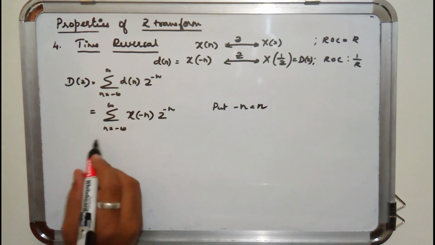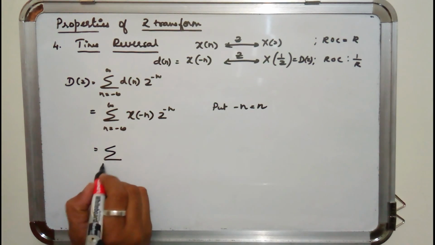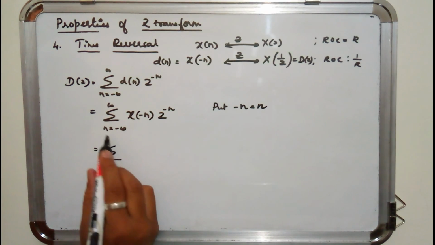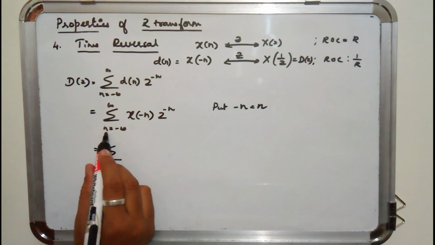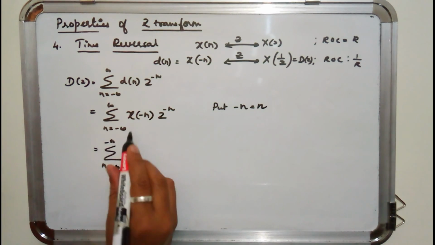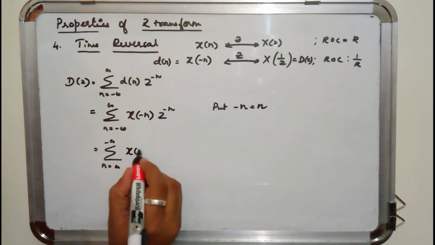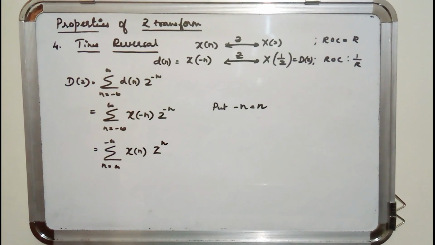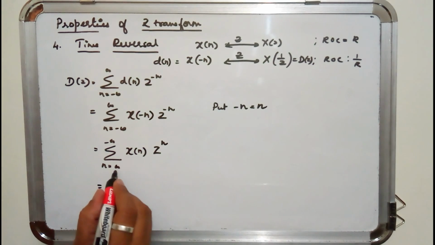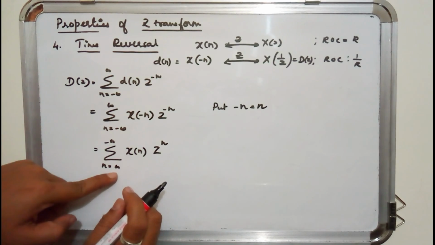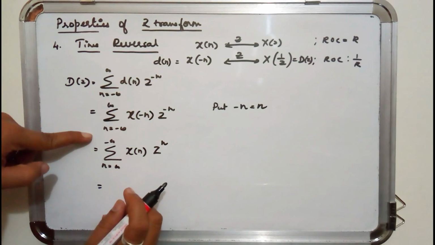So I'll be getting, with n substituted as minus n, the summation limits would change, so I will be getting lower limit as infinity and upper limit as minus infinity.